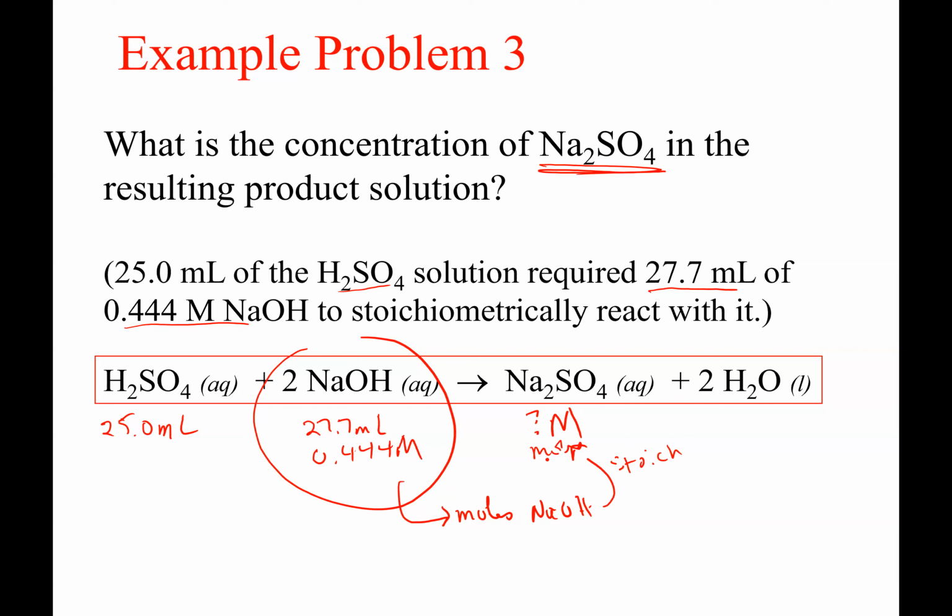That's the number that's going to go in my divisor to get the molarity of Na2SO4. That's the only catch here. Because it's a titration, I mix these two reactants and I have a product, and that Na2SO4 is swimming around in this total volume. It's a common concept.